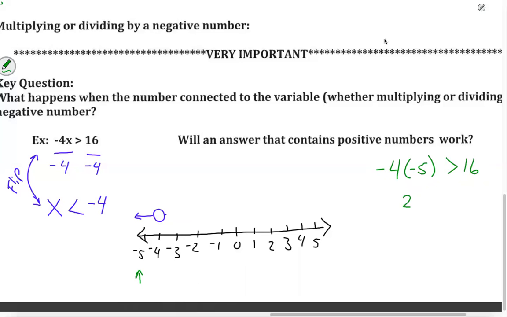Negative times a negative is a positive. Hey, look at that. It balanced out. So here's the thing. When you divide by a negative, you must flip your sign. Okay?